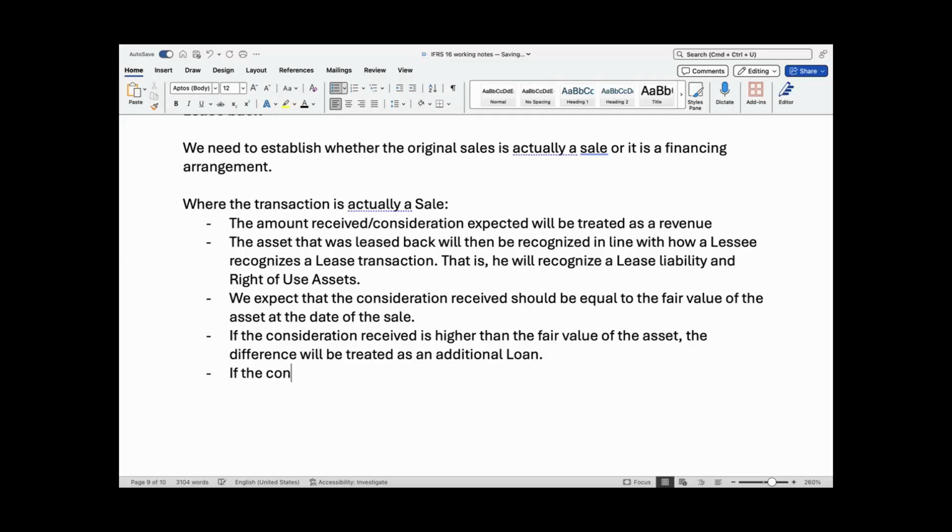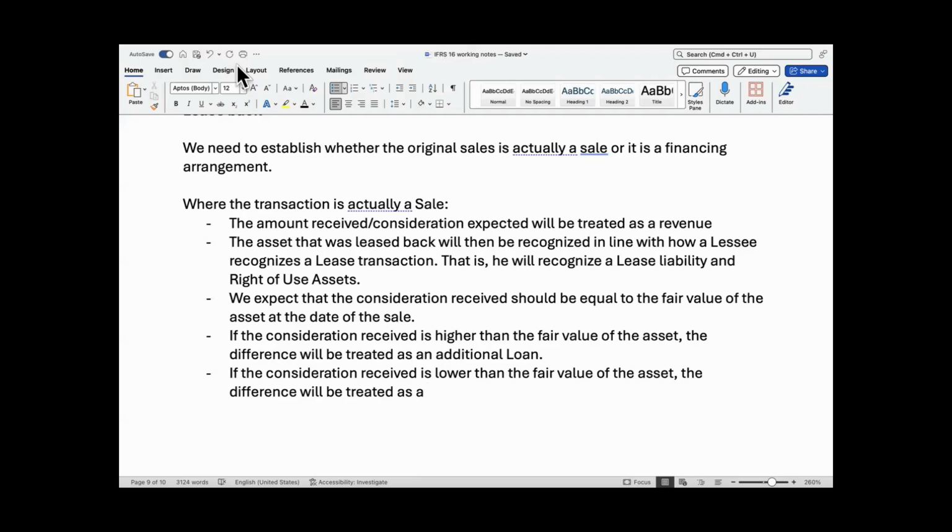Additionally, if it's the reverse, where the consideration received is lower than the fair value of the assets, the difference will be treated as... let me give you an opportunity. Who can tell me what the difference should be here?